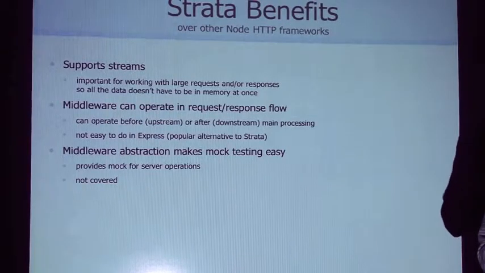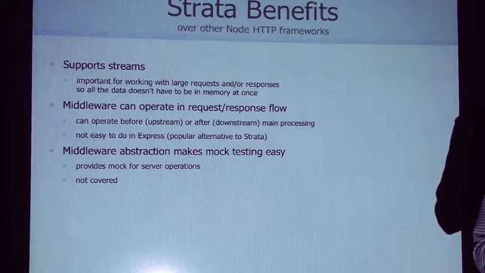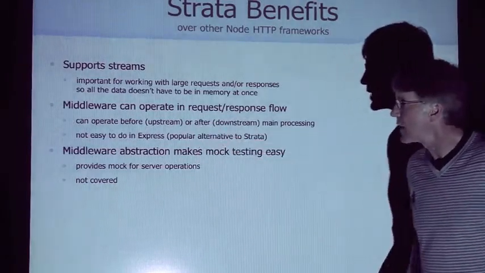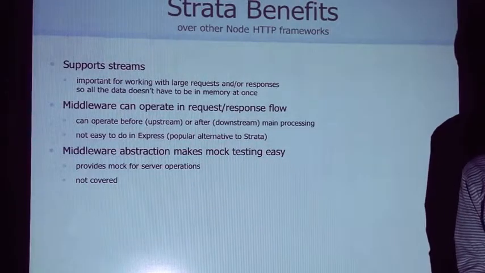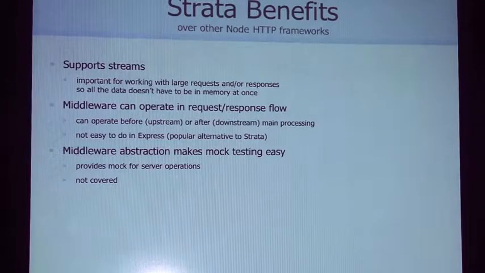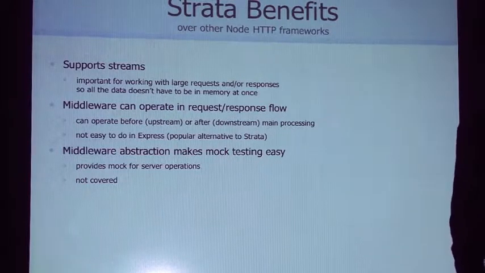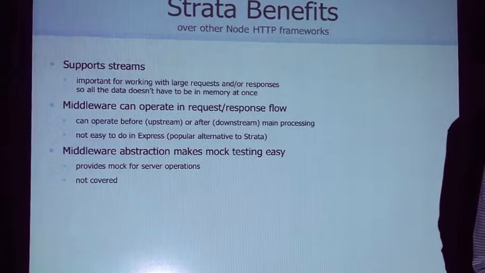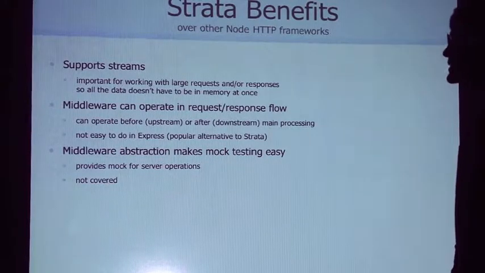You can do that in some of the other competing products, but it's not quite as easy as it is here. And so, for example, Express is another Node-based web server that kind of competes with Strata, and it's not very easy to do that sort of thing there. And that's one of the reasons that on the project that I'm working on now, we decided to stop using Express and switch to Strata. And then a final benefit is that it makes doing certain kinds of mock testing really easy.